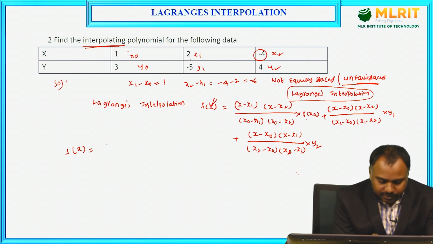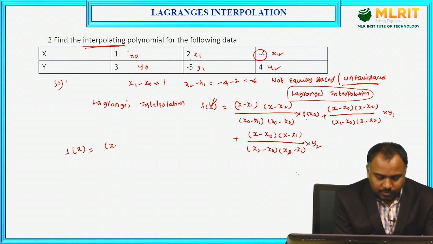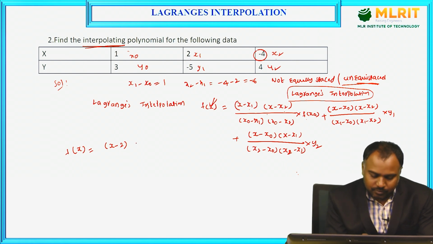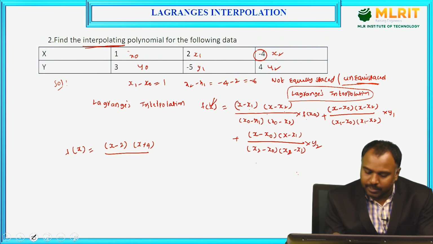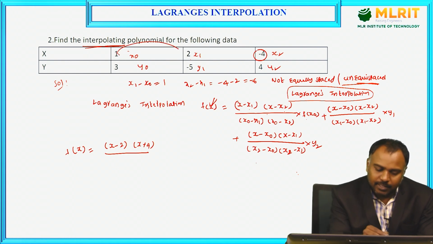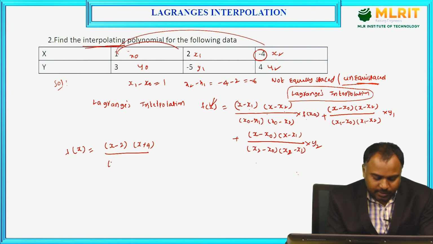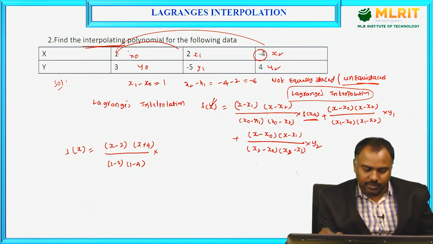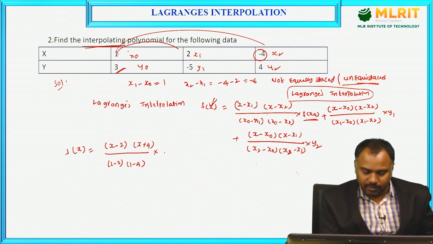So f of x is equal to x minus x1, where x1 we have denoted 2, x minus x2, so x minus 4, divided by x0 minus x1, x0 minus x2, so simply 1 minus 2, 1 minus 4 in the denominator, into the respective function value, which is 3.